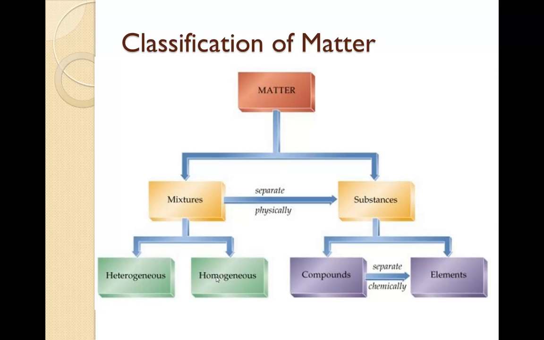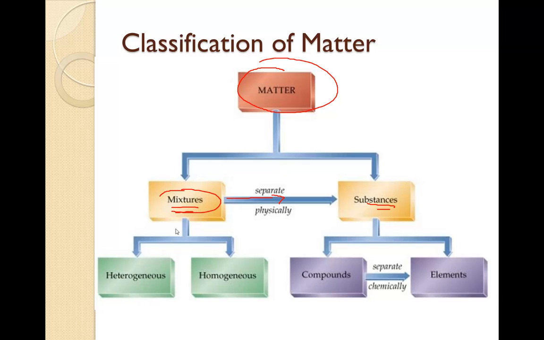So just to give you a flow chart, so that way you can visualize what's going on here. If we're trying to classify a piece of matter, the first thing you want to ask yourself is, is it a mixture or is it a pure substance? If it's a mixture, that means you can separate the pieces out physically by boiling or something along those lines.